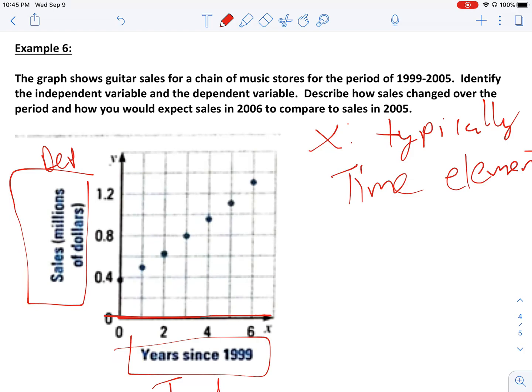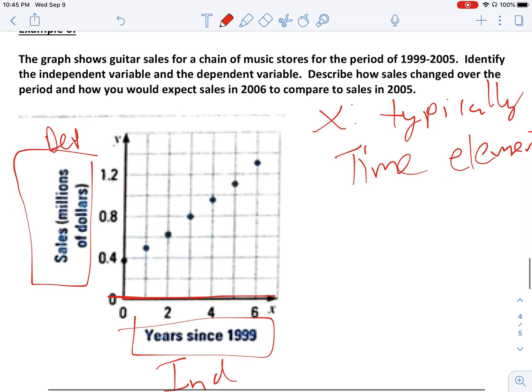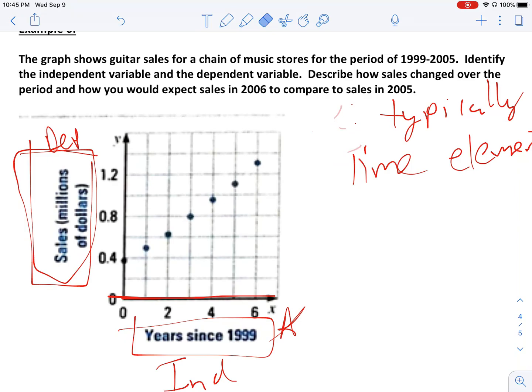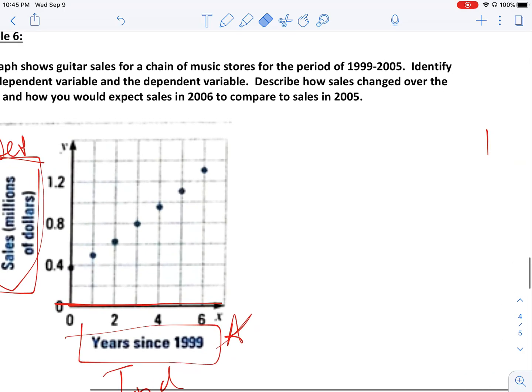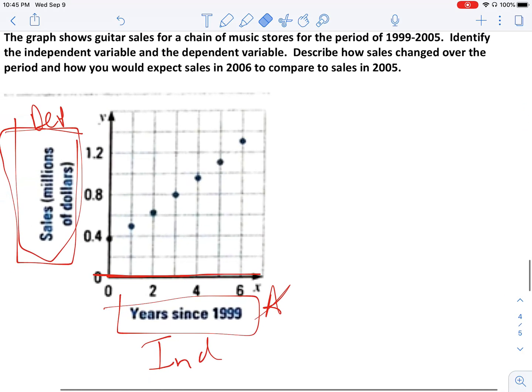Often with sales, if you have a poor economy, people aren't going to be out buying things. So that's kind of the stretch, but that's kind of how you can think of it: this is what you have control over, and this is dependent on that. But like I said, I would say 85 to 90% of the time in a word problem, x is typically the time element if it's provided for you.